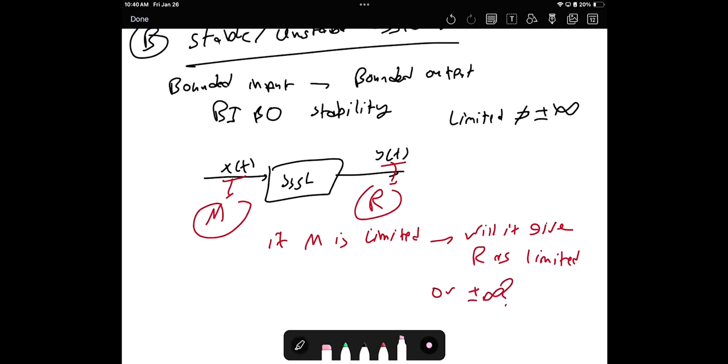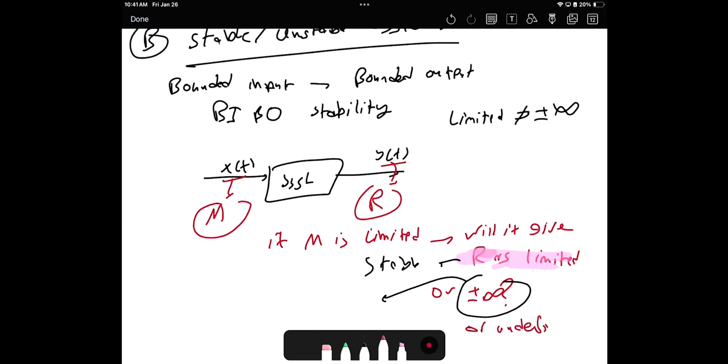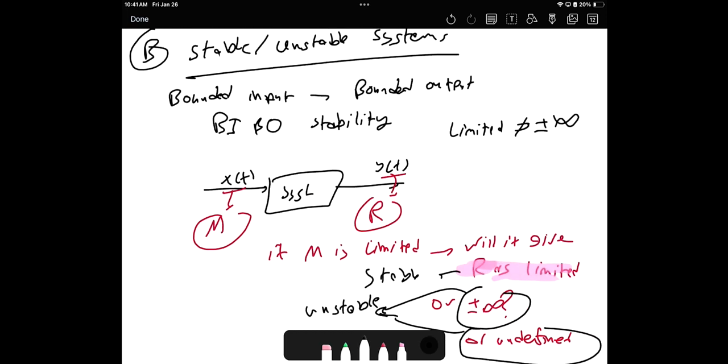If r is limited, then the system is stable. If it goes to infinity or is undefined, then it is unstable. Okay? That's what we mean by stable or unstable.